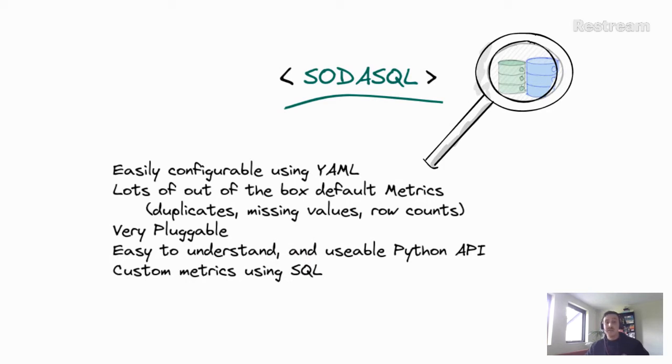And it has a very clean and reusable Python API, which for us is really important because we tend to want to pick the bits that we want to use for modules and then reuse them in our pipelines. And so that makes it a very lean and mean tool for doing data testing. But the most important thing is that it supports custom metrics using SQL.